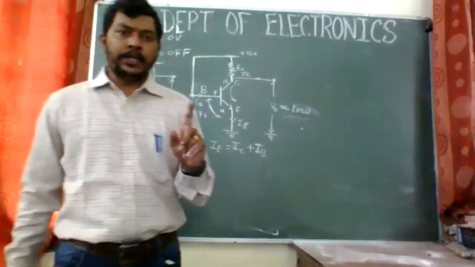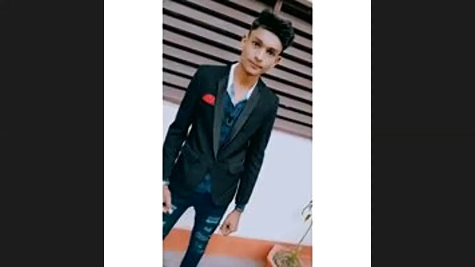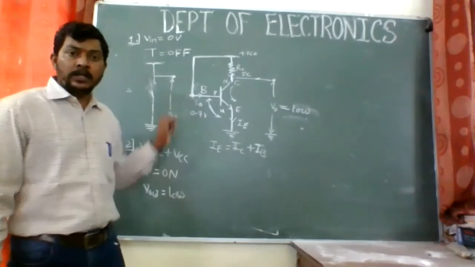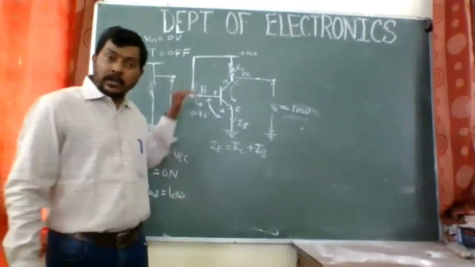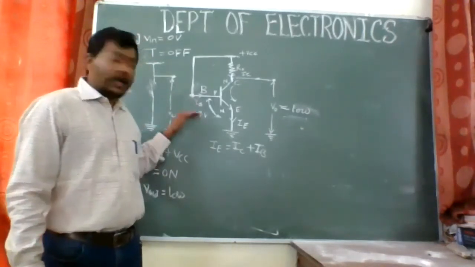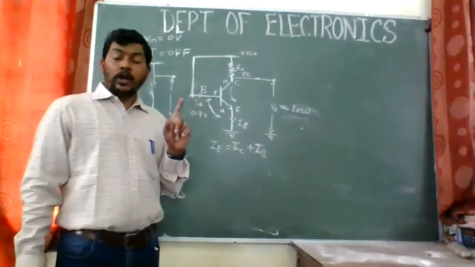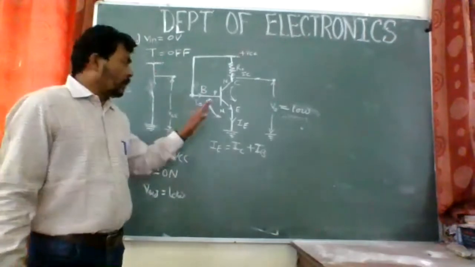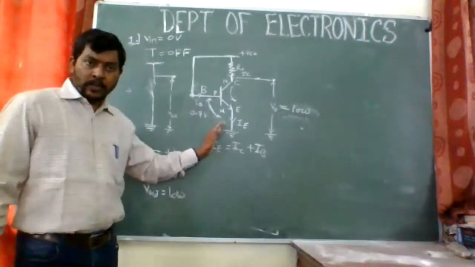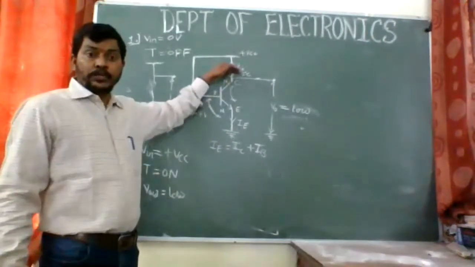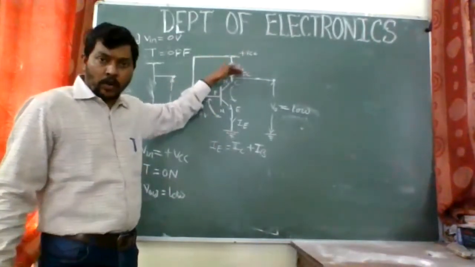So again, I will repeat it for you. If the base of the transistor is connected to ground, then the PN junction diode over here is not forward bias, and therefore it will not conduct. It will not conduct and the output voltage will become high, the voltage will drop over here.